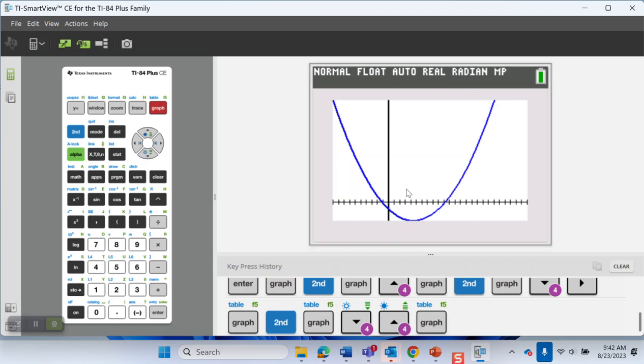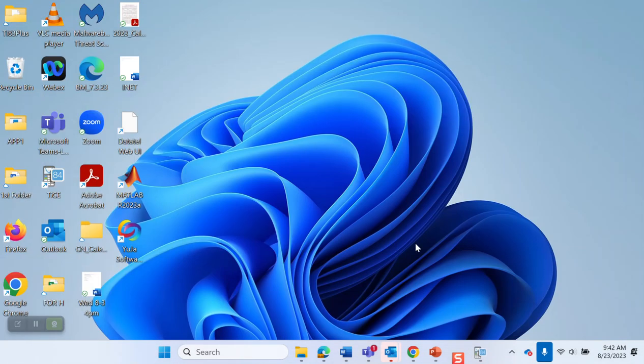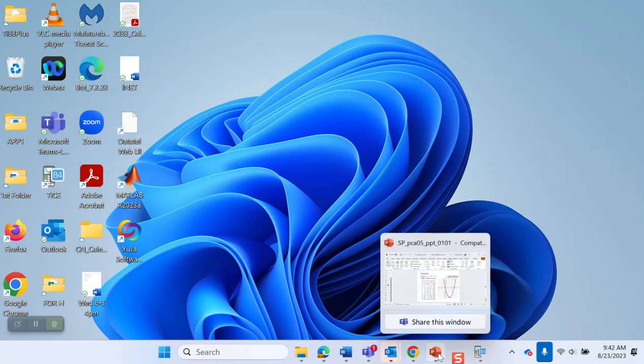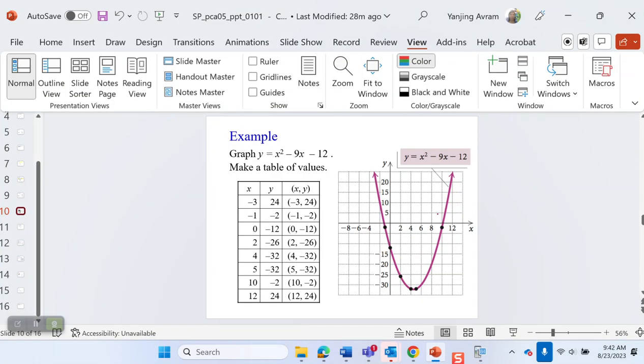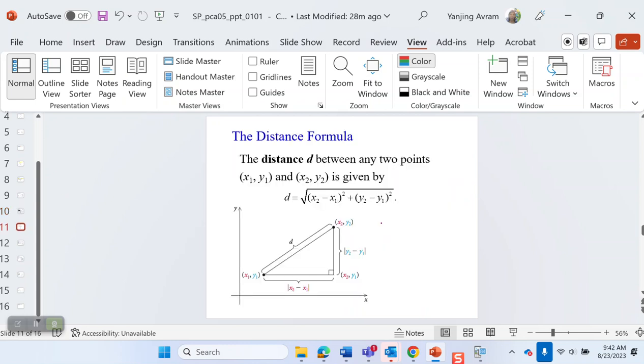But this is the x-intercept right here. You make y equal to 0, all right? So that is the parabola. You can graph by hand, but it's very tedious because you have to have at least 5 points in order to graph this one by hand, all right? So for the parabola or the cubic, I recommend using the calculator in here, okay?